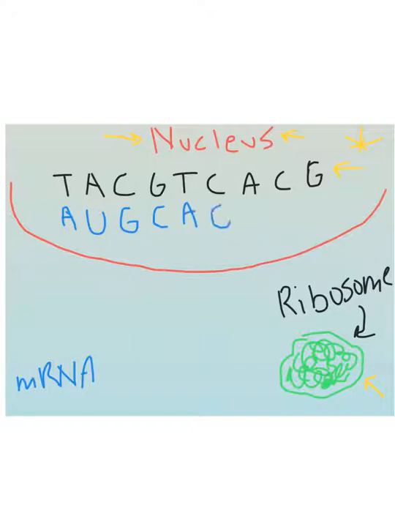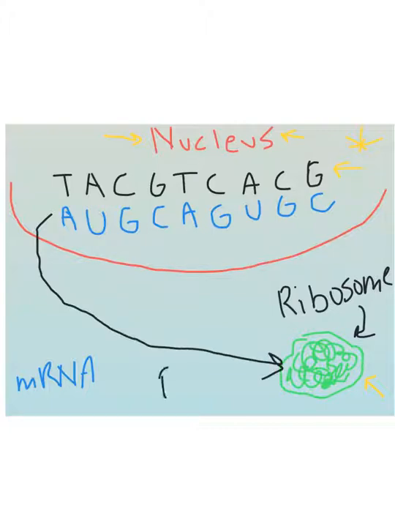C goes with G. A doesn't go with T. A goes with U. C goes with G. And finally, G goes with C. Boom. We made our messenger RNA, and now that mRNA can leave the nucleus, take DNA's code to Mr. Ribosome, where we can construct a protein molecule.